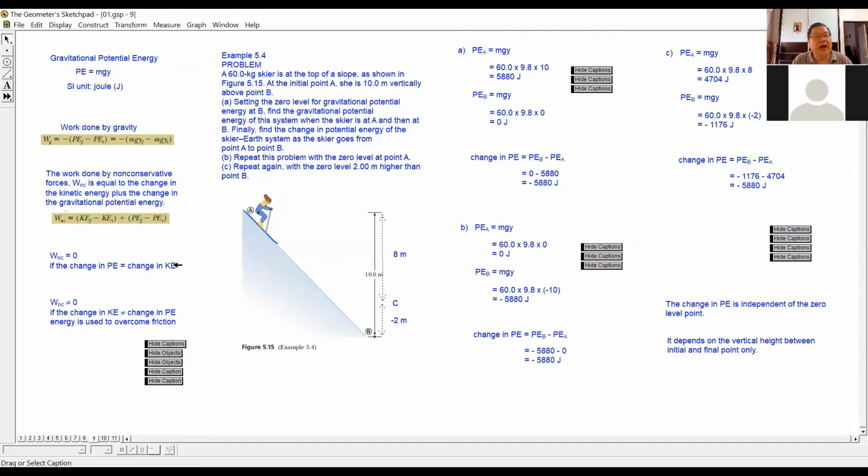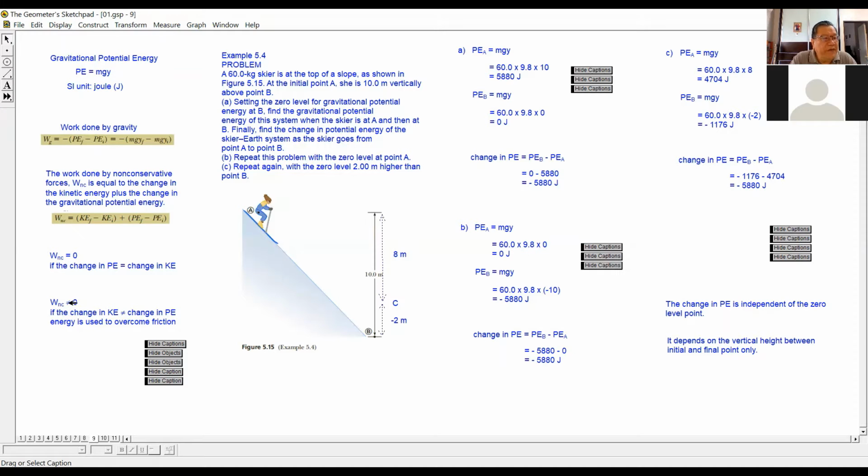So these two are transferable, from potential to kinetic energy or from kinetic to potential energy, provided it is conservative. The non-conservative work done is zero, that means it is conservative.